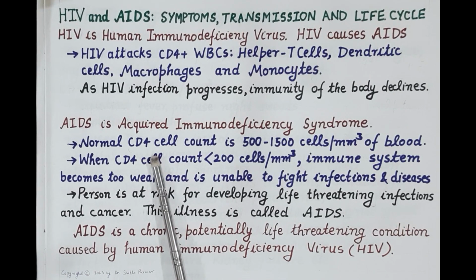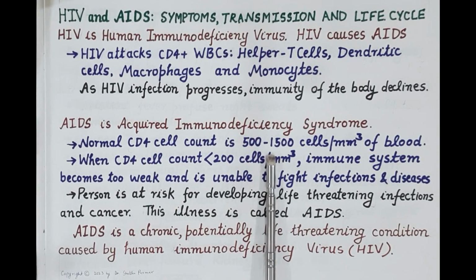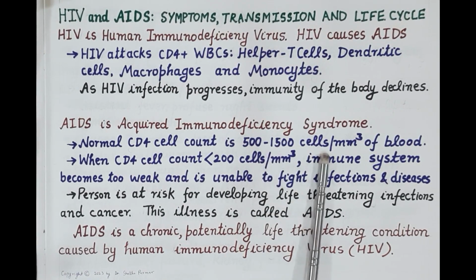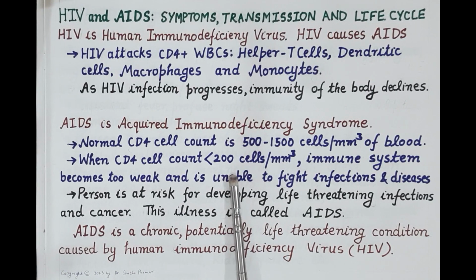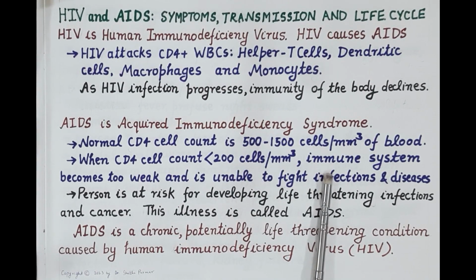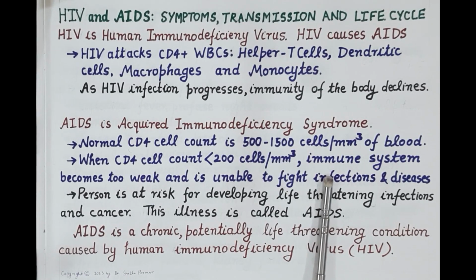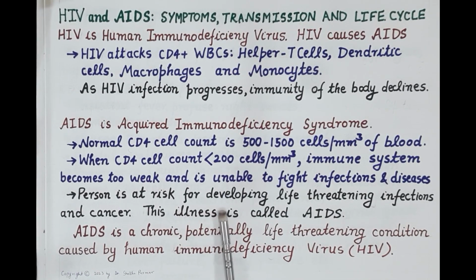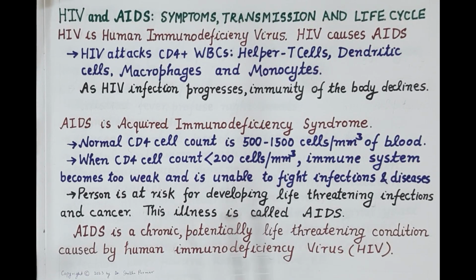Normal CD4 cell count is 500 to 1500 cells per cubic millimeter of blood. When the CD4 count reduces to less than 200 cells, this extremely weak immune system becomes ineffective to fight infections and diseases. So, the HIV infected person is at risk for developing life-threatening infections and cancers.